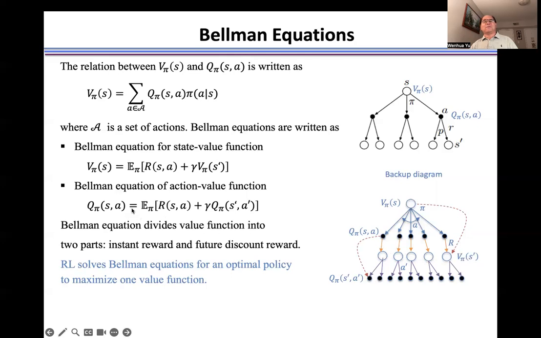And for the Bellman equation for the action state value function, we start from S and Q, for the selected action and the policy pi. And then for the given state, we use this expectation formulation from this Q at S, A to the Q at S prime and A prime.